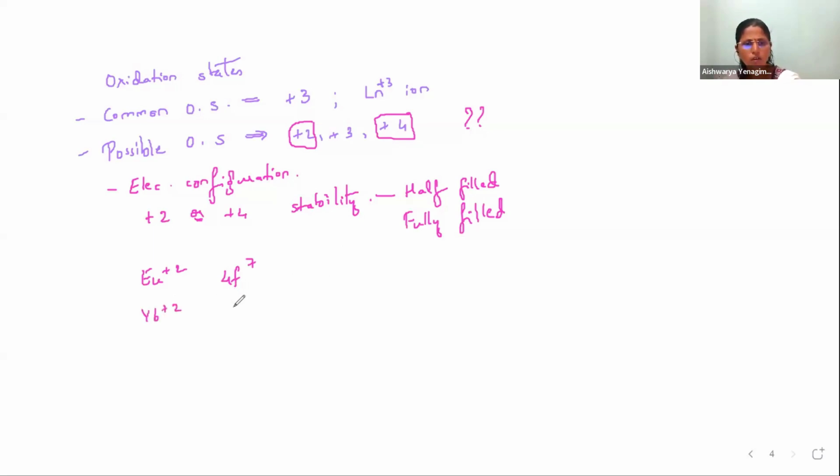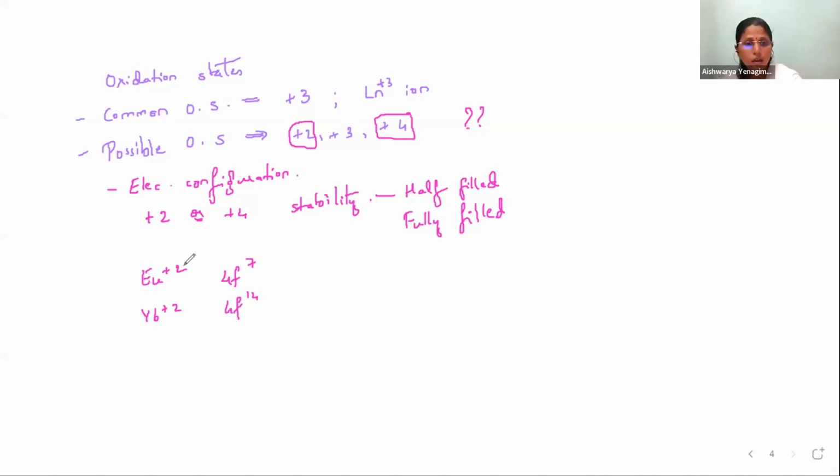This is also stable because of the configuration 4f14. So all 7 orbitals are fully filled, all 14 electrons fully paired. So the extra stability is due to what? It is due to completely filled 4f orbitals. Because of this, they may attain the +2 state.